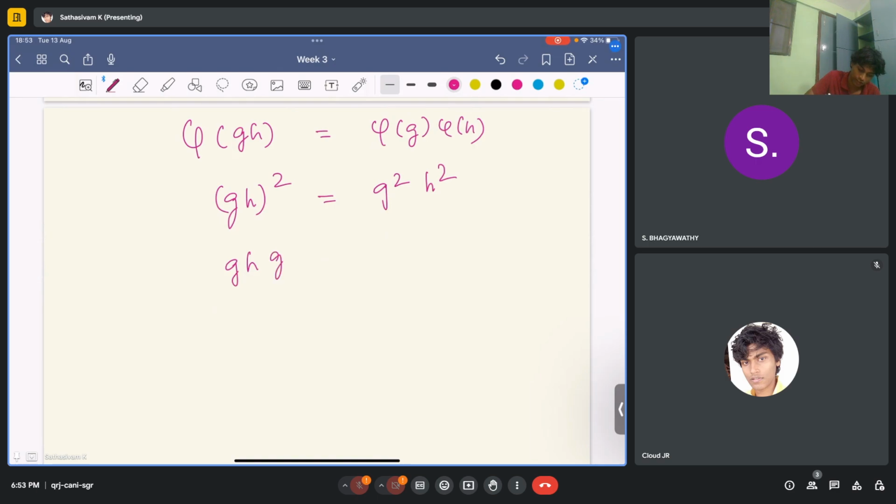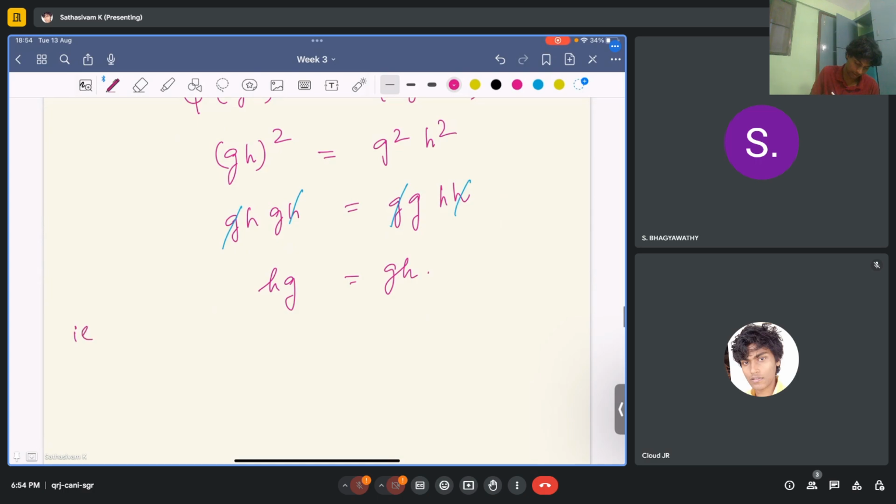This is ghgh, and this is equal to g square h square, so g g h h. Let's cancel out. By cancelling, I mean multiply by h inverse, and that will cancel out. So we can cancel these two elements, and we can cancel these two elements. What remains is hg equal to gh. That means G is abelian.